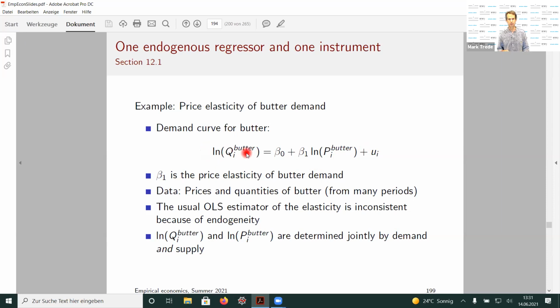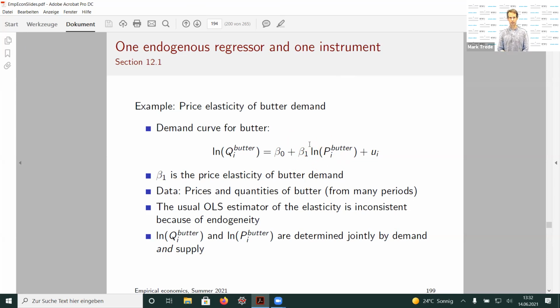So if our endogenous variable Q, the butter demand, the quantity, is taken in logs, and if the right-hand variable is also taken in logs, the price of butter, then the coefficient beta1 would tell us how much would the butter demand decline in percent if we increase the price of butter by 1%. Okay? So beta1 is the price elasticity of butter demand in this case. So beta1 is the coefficient we want to know.